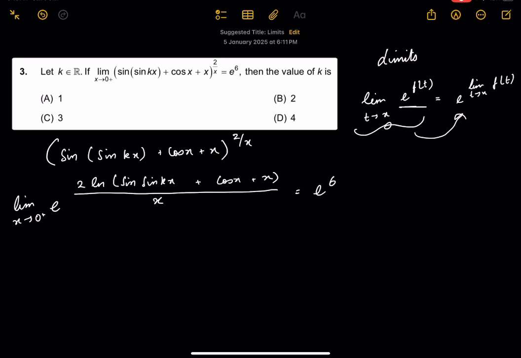So the trick was that when this limit exists, it's equal to this.